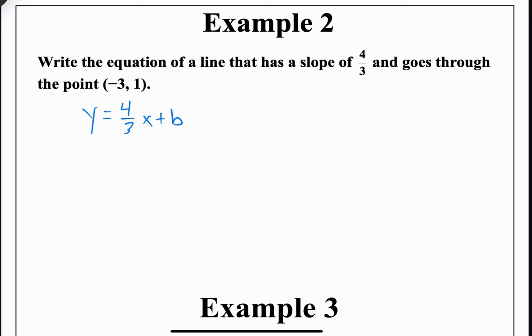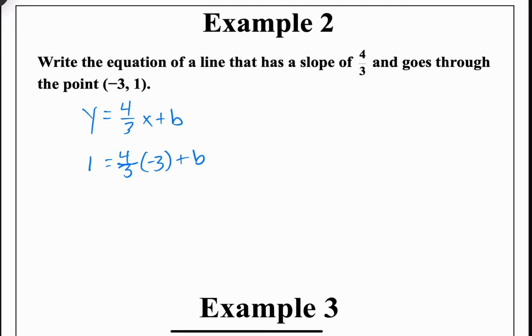And now what we're going to do is we're going to take this ordered pair of -3 and 1 and plug those values in for x and y, and then solve out the equation to get what b equals, what our y-intercept is. So in this case, the y value is 1, equals 4/3, and x is -3 plus b. And now we're just going to solve it.